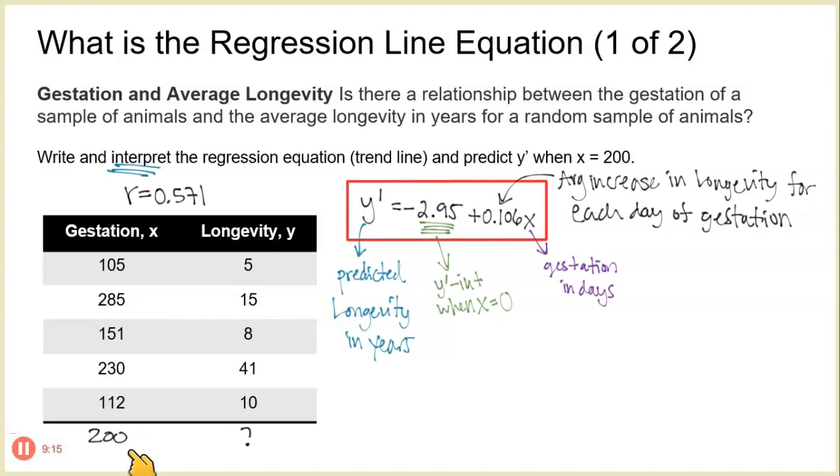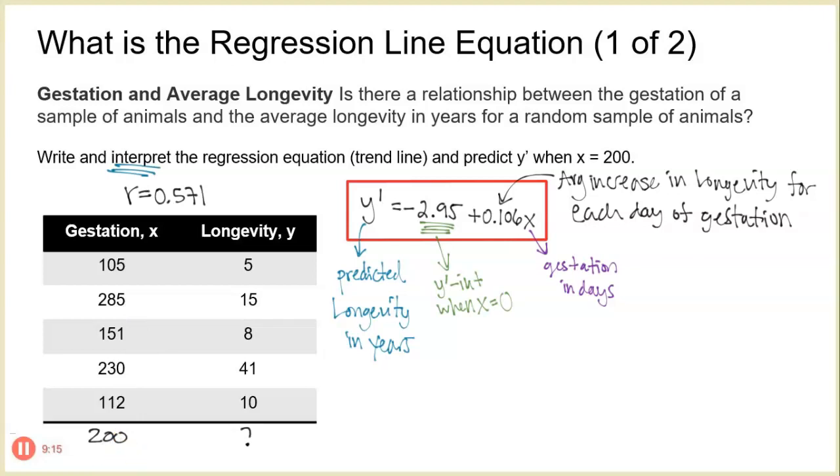I wouldn't be able to predict the gestation for 10 days or for 1,000 days because I don't have data to support that. This equation is only based on these 5 pairs of data, with the least number of gestation days at 105 and the greatest at 285. So we can use this number to make a little prediction here.